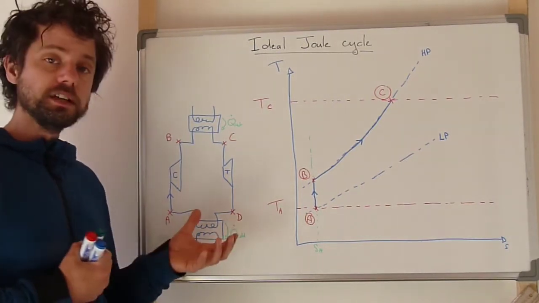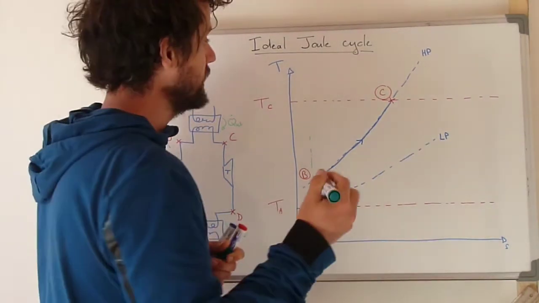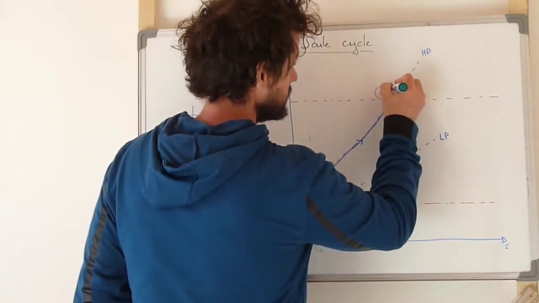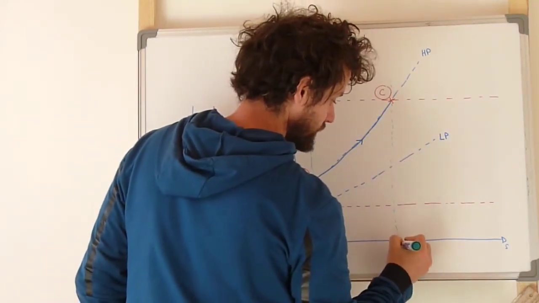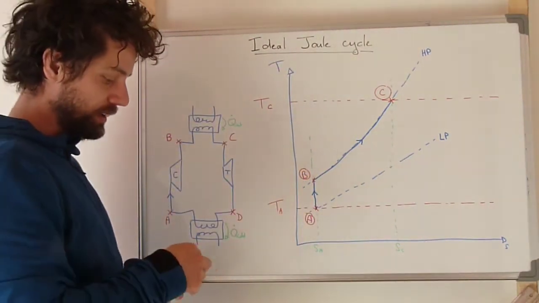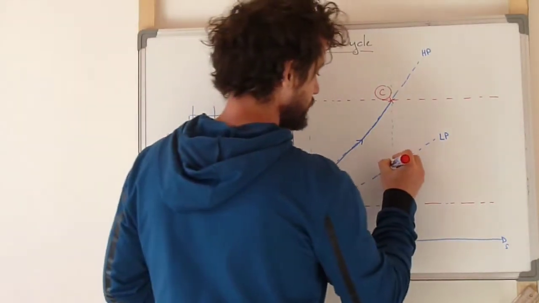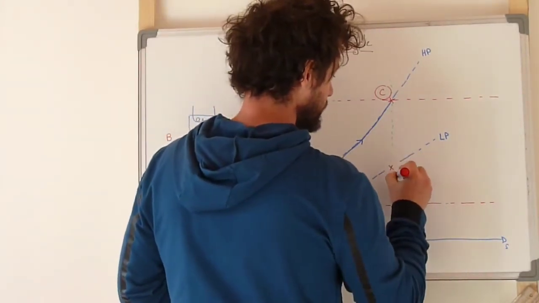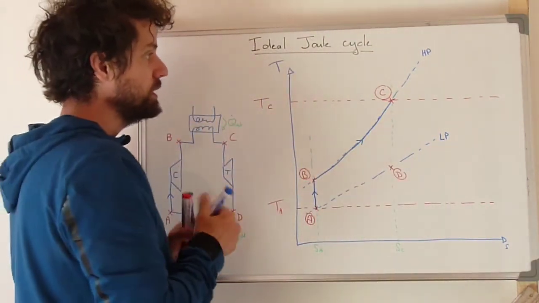If there's no exchange and no creation of entropy, once again the entropy remains constant, so we can plot the iso line that is vertical here, corresponding to the specific entropy of point C. And at the intersection between this specific entropy and the low pressure, this will correspond to the outlet of the turbine, point D.